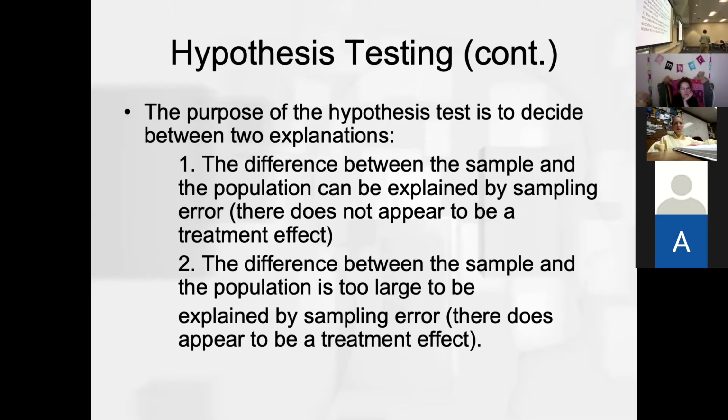The other explanation is that the difference between the sample mean and the population mean is too large to be explained just from that sampling error. We would say that there does appear to be a treatment effect.